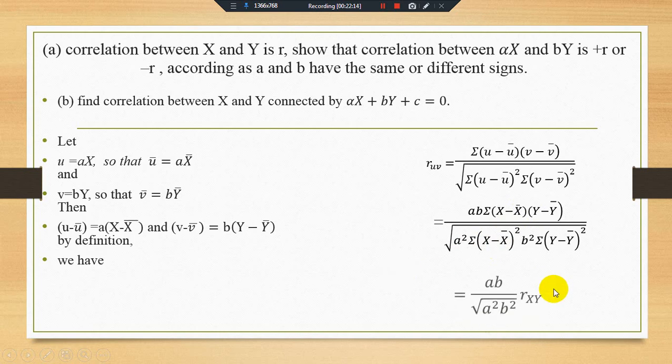After solving this, we get AB in the numerator and A square and B square under the root. After removing the under root, the square vanishes, X minus X bar cancels out with this, and Y minus Y bar cancels out with this, and we get AB divided by A square B square, which is r XY.